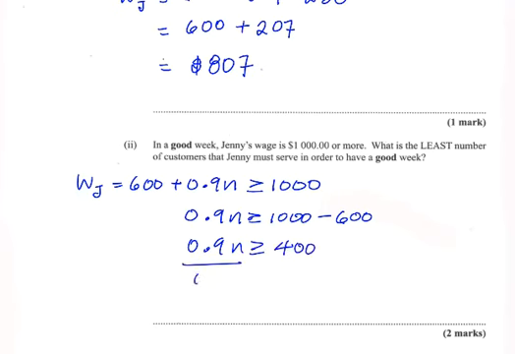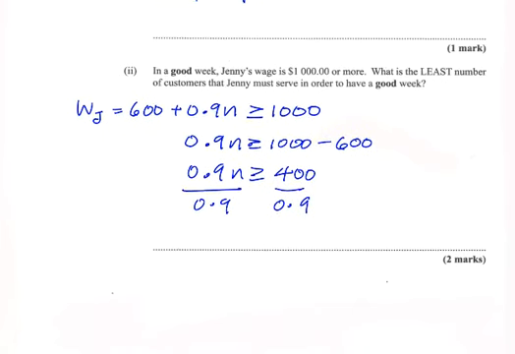Divide both sides by 0.9, and so the number of customers Jenny has to serve, n, must be greater than or equal to 444.44 customers. So for Jenny to earn $1,000 or more, she has to serve 444.44 customers.